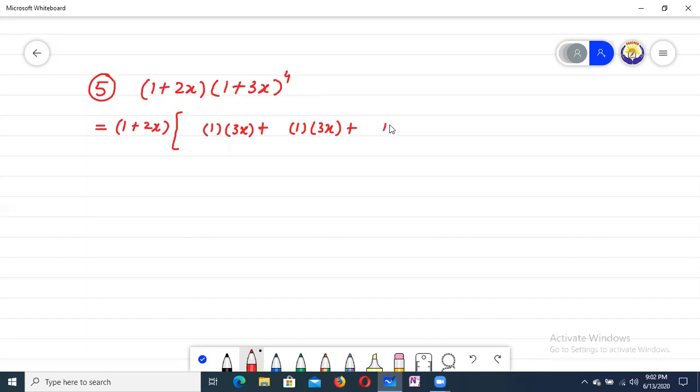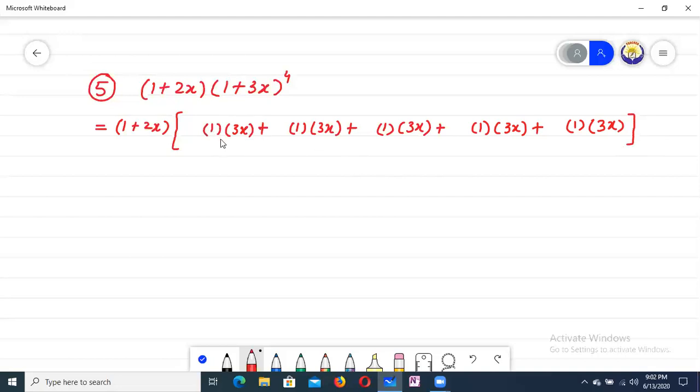Again 1 into 3x third term, plus again 1 into 3x is the fourth term, plus again 1 into 3x is the fifth term.